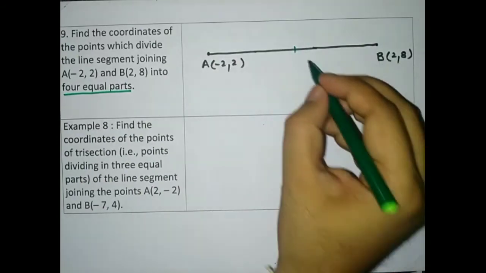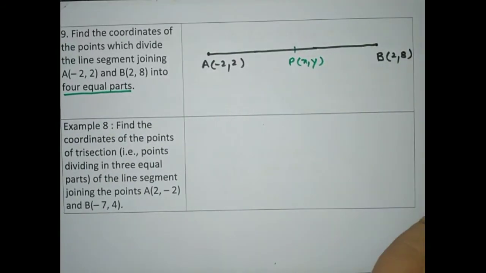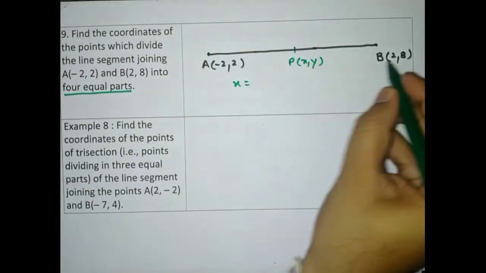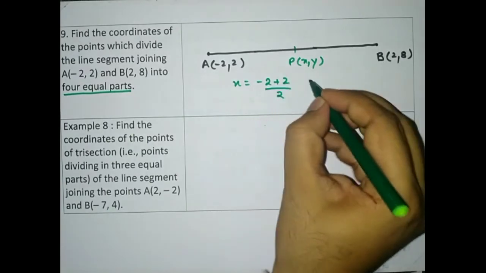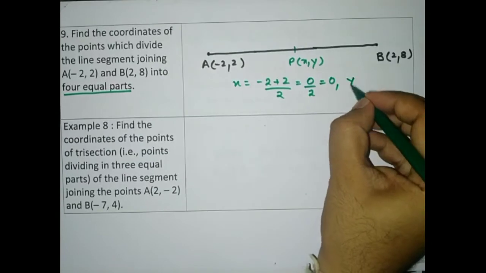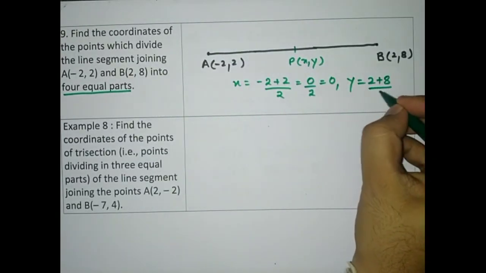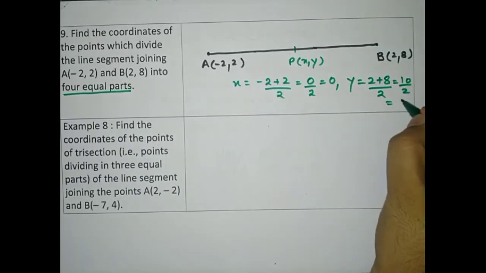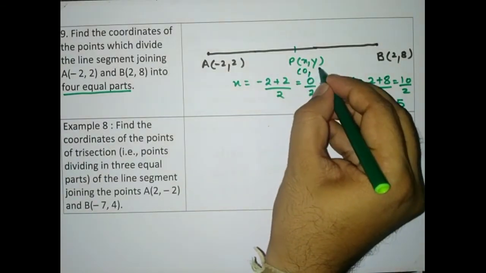And this first point, we can take as the midpoint of A and B. So x can easily be found as minus 2 plus 2 over 2. Minus 2 plus 2 is 0 over 2, that is 0 only. Similarly, y is 2 plus 8 over 2, that is 10 over 2 equal to 5. So we got x comma y as 0 comma 5.